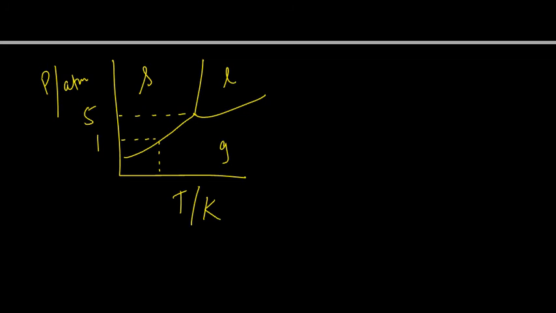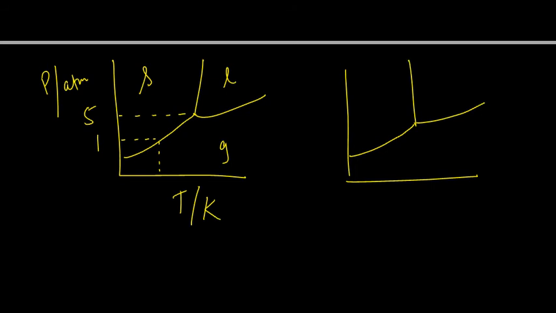Water, on the other hand, has a slightly different kind of phase diagram. The solid liquid transition has a slight negative slope. It's a very slight negative slope.